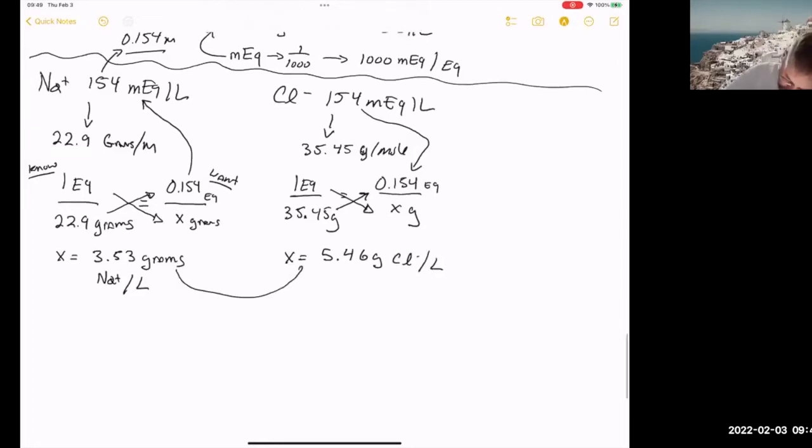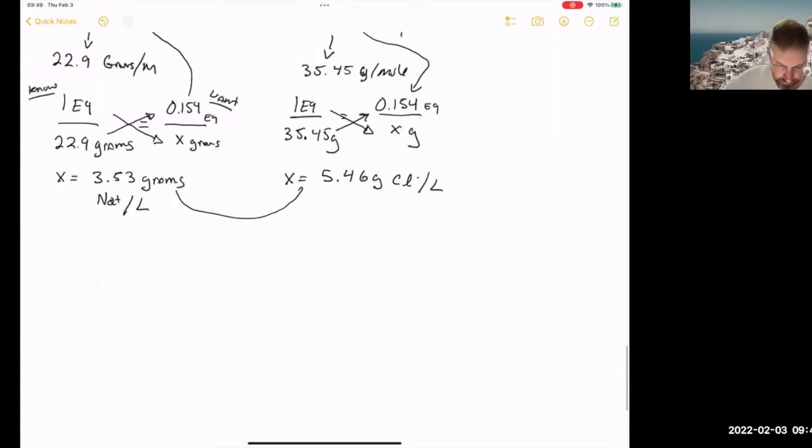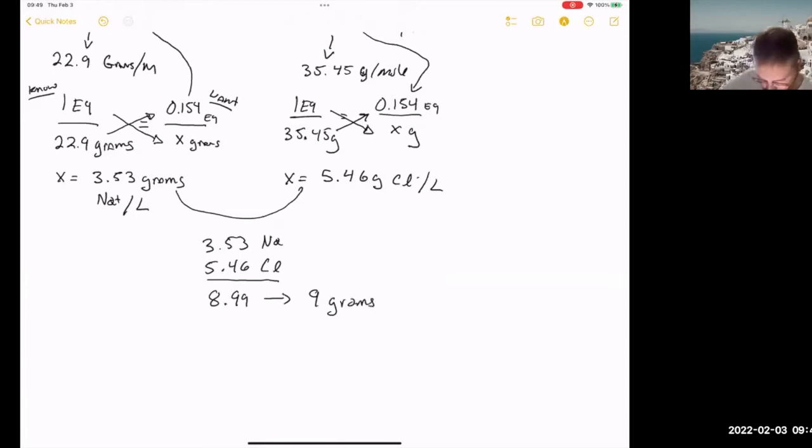And then what I'm going to do is add these up, right? Because this is sodium chloride. So I have 3.53 of sodium, and I have 5.46 of chloride, and that gives me a total of 8.99, or 9 total grams of sodium chloride per liter.